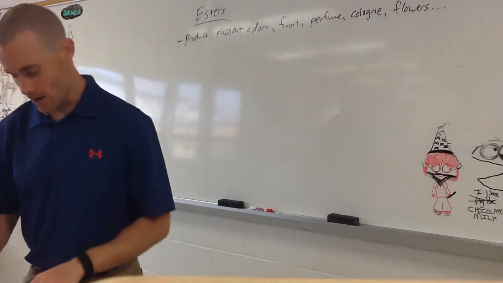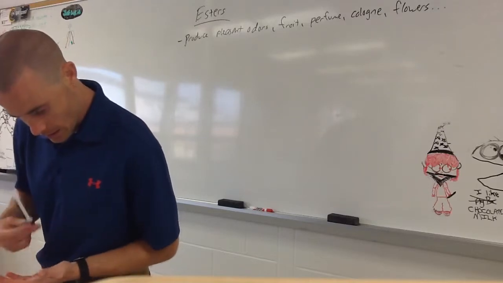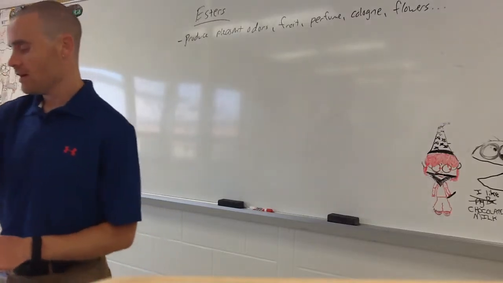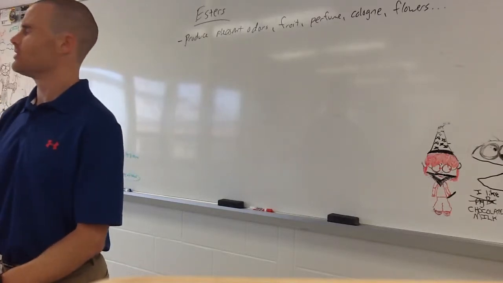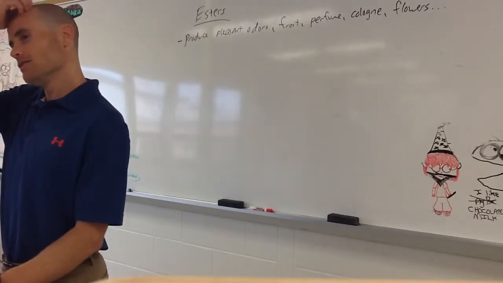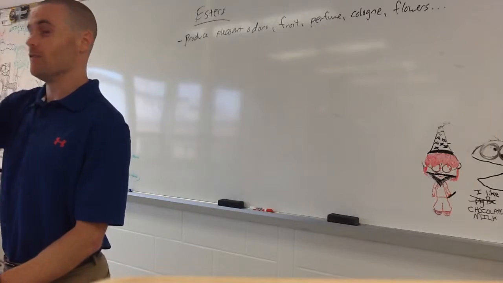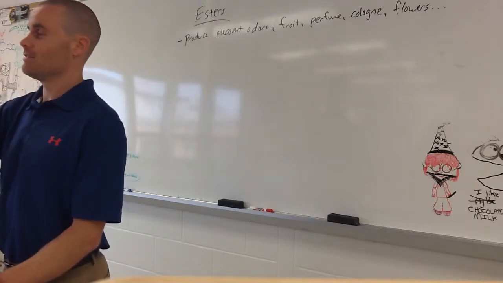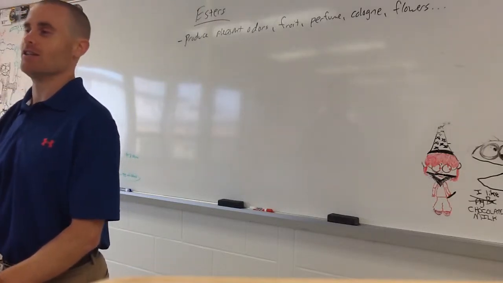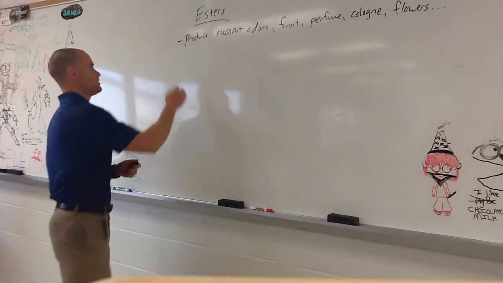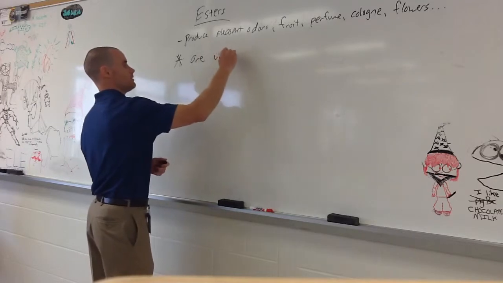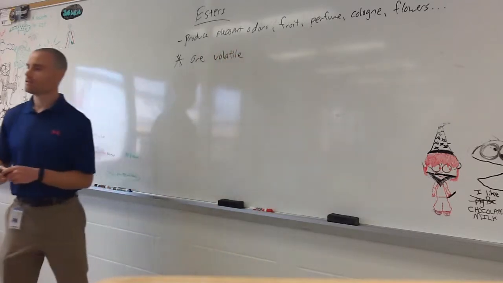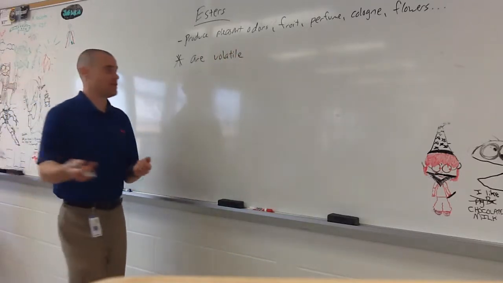Right. All right, let's see if I'm forgetting something here. If you can smell something, what does that mean? I said this a long time ago. It's evaporating. Good. And if it's evaporating, what does that say about its forces of attraction? They're weak. Very good. So esters are volatile. You know what volatile means? Unstable. Unstable means it evaporates easily.